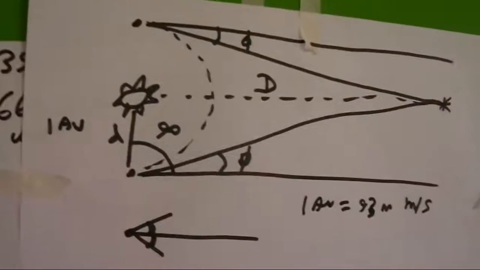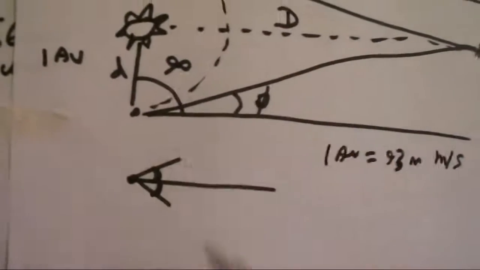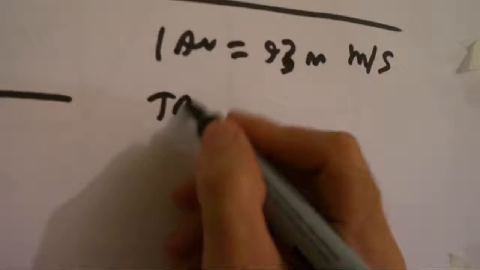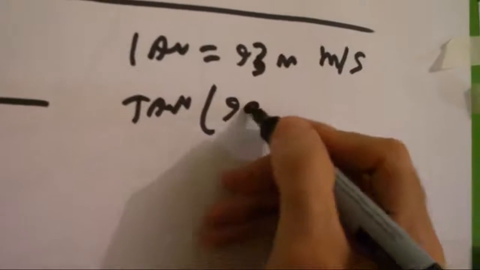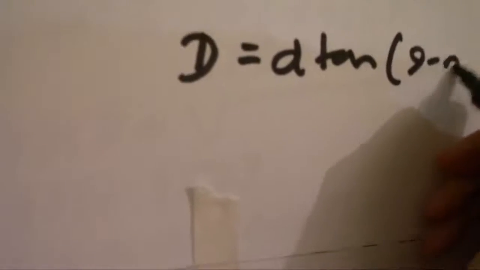Okay, now look, let's see what we've got. We know that tan is opposite over adjacent. Okay, opposite over adjacent. So we've got tan(90 minus theta), as you can see there in the corner, equals big D over little d. Right? Okay, big D equals d tan(90 minus theta).